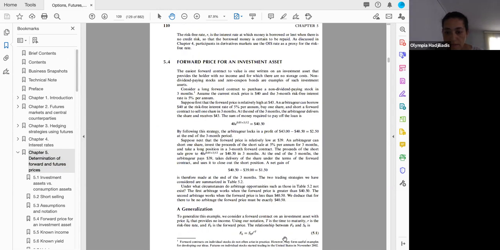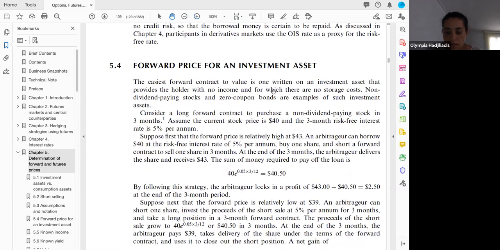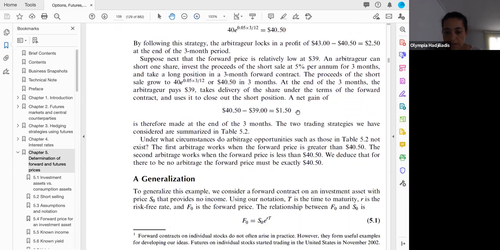There it is, F0. Let's zoom in a little bit. This is the formula, F0 equals S0 e to the RT. As you can see, it's just a simple application of this formula. That's what is being done in that question.